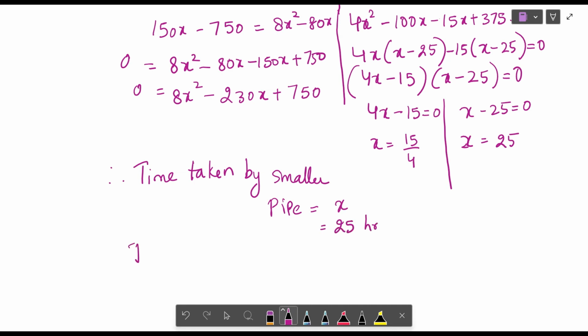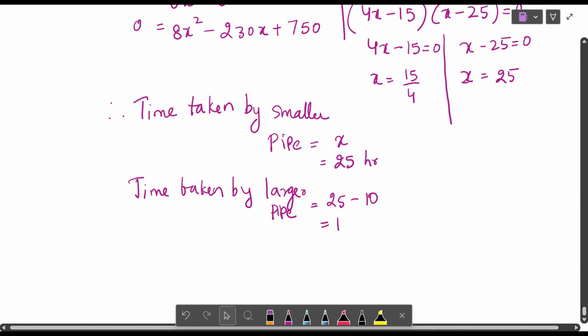Now time taken by the larger pipe, how much? 10 less. So 25 minus 10, that is equal to 15 hours.